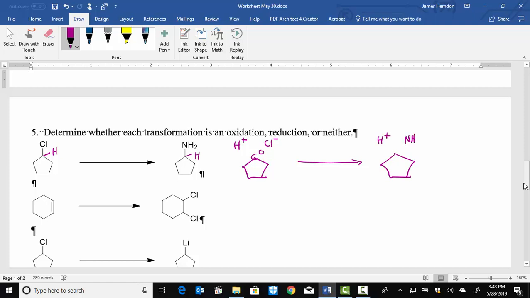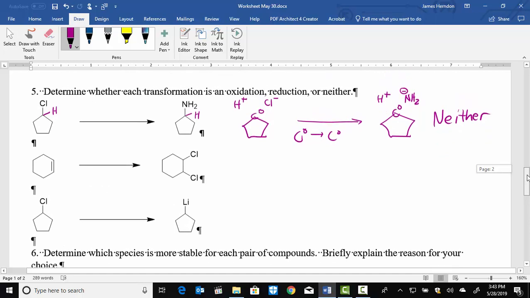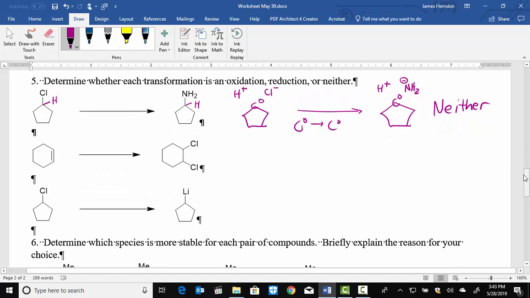Single bond to nitrogen or oxygen is a negative, and so it's a plus and a minus. So this carbon here is essentially a carbon 0. Okay, so carbon 0 is going to carbon 0. We're going to refer to this as being a neither. This is not a redox reaction. This is a substitution reaction, a type of reaction that we'll encounter later in the class.